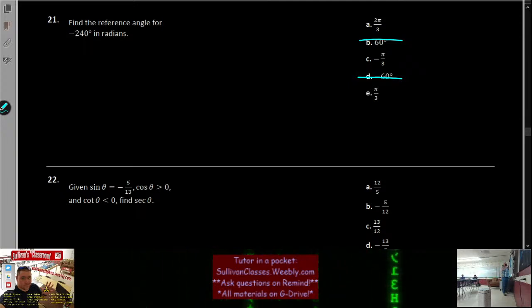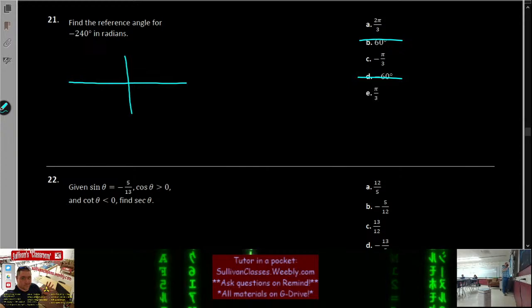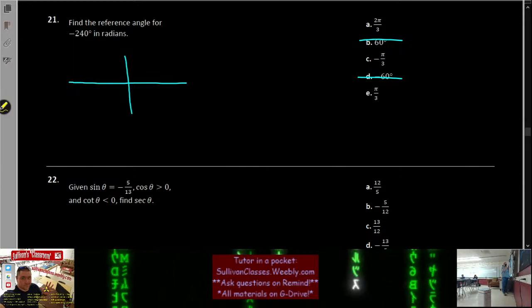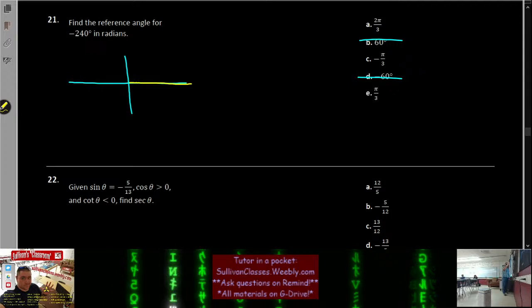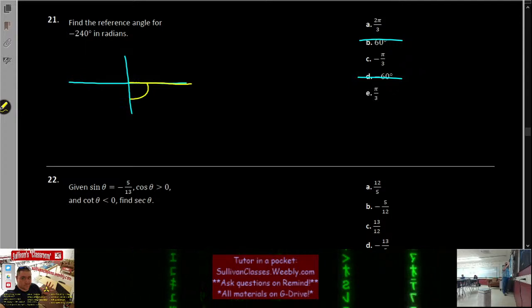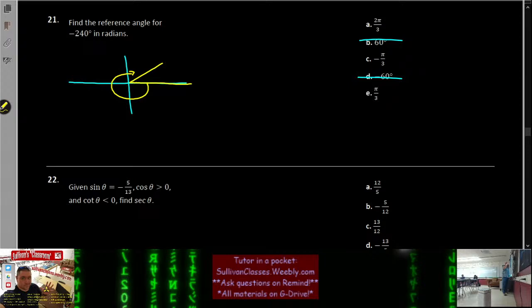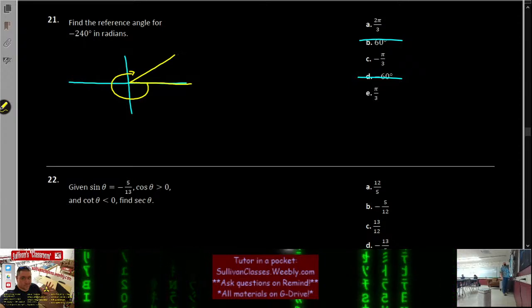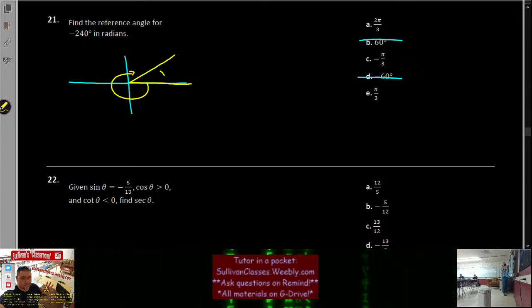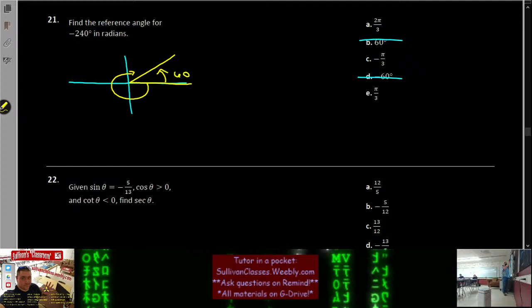Words. If I have a negative angle, it means I start on my positive x-axis and I go around that way. I'll go around 240 degrees, which leaves a reference angle of 60 degrees.